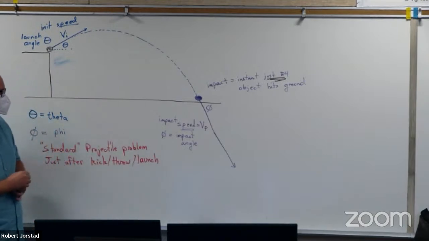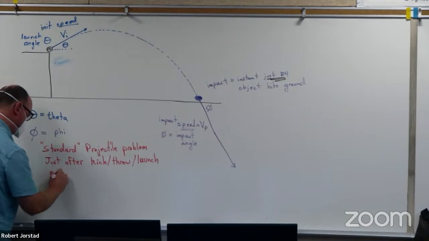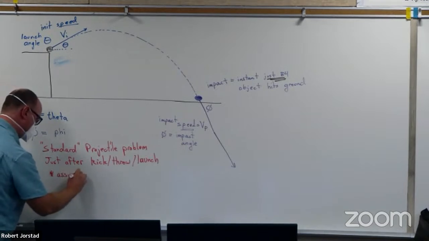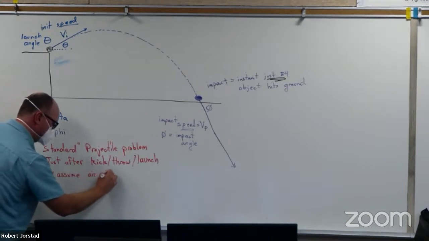What do you think? Gravity's one. As a ball flies through the air, what else might act on it? Air resistance. If you recall from a couple of lectures ago, including air resistance is very difficult. We're going to assume air resistance is negligible.